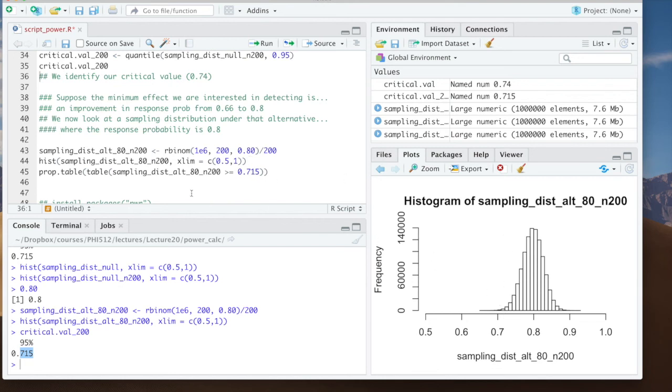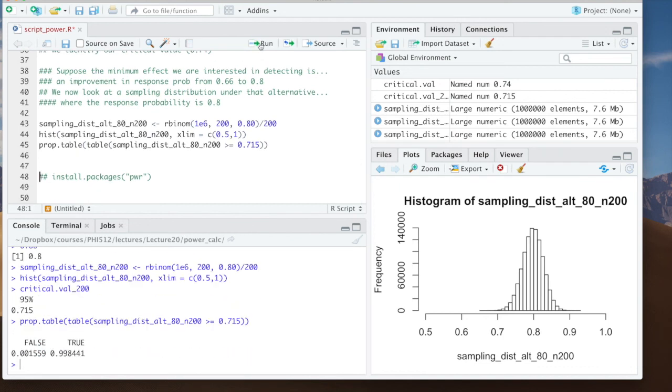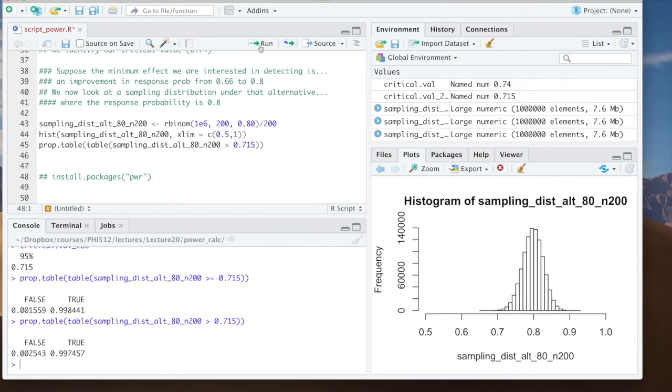It's going to be basically all of them, right? And I can use that similar prop table functionality to do that. And here I see that in roughly 99.7% of them, in almost every single one, I have cleared that critical proportion of 71.5%.